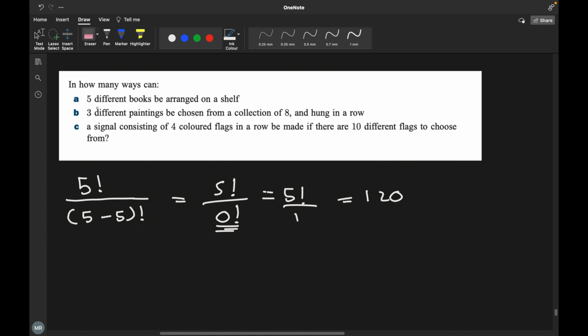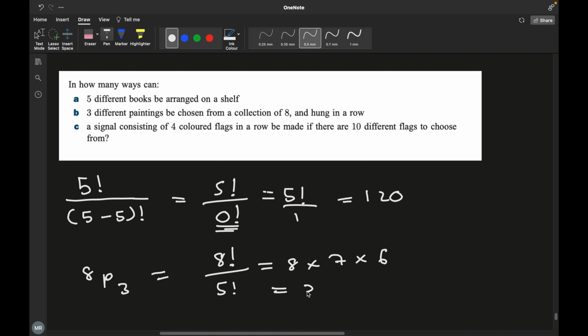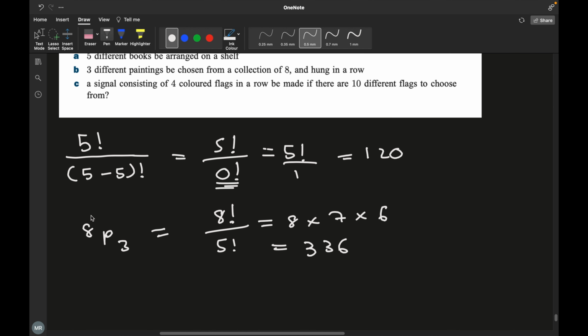Okay, the next question. 3 different paintings chosen from a collection of 8 are hung in a row. So 3 from 8, it's going to be 8P3. So 8 factorial divided by 5 factorial. It's going to be 8 into 7 into 6, which is 336. Now the next one.